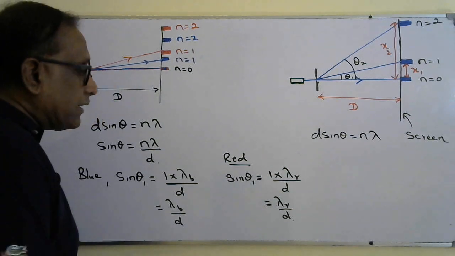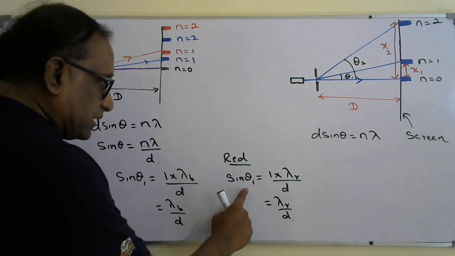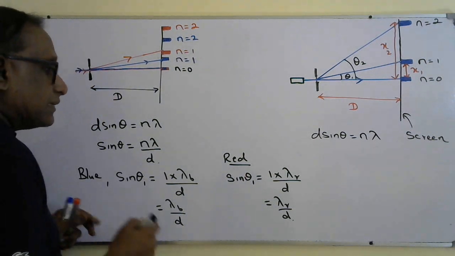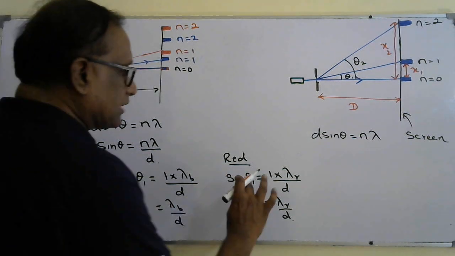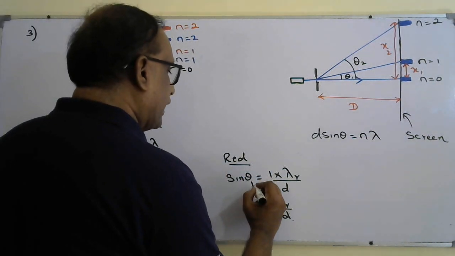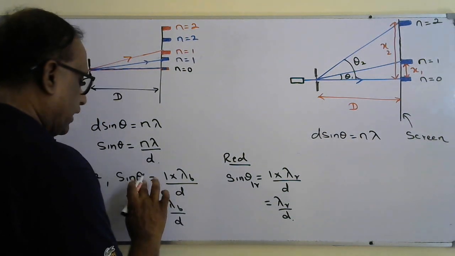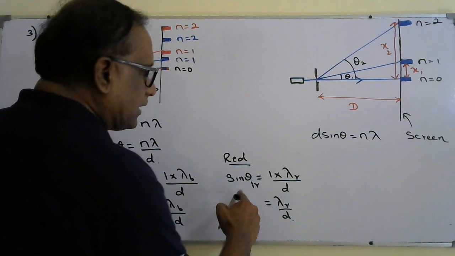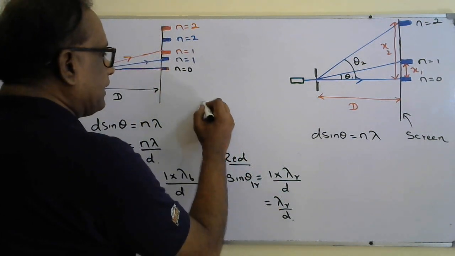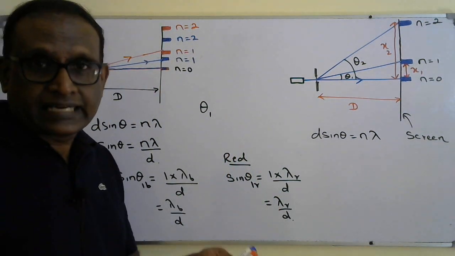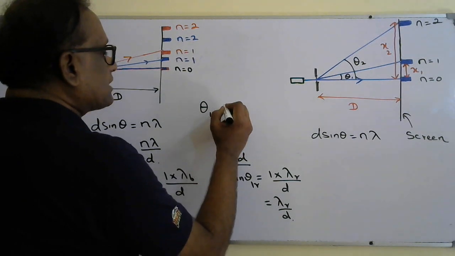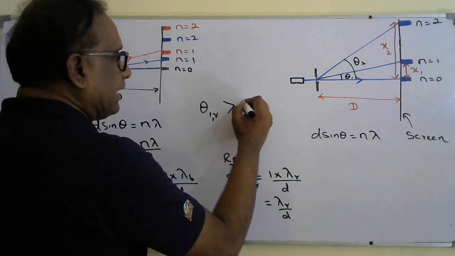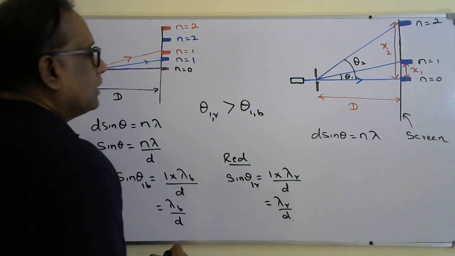So theta 1 for the red color will be greater than theta 1 for the blue color. If I call these theta 1 r and theta 1 b, theta 1 r, the first order diffraction angle for the red color, is going to be greater than theta 1 b.